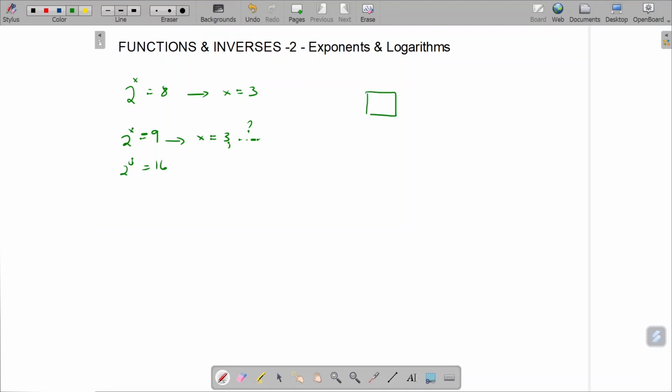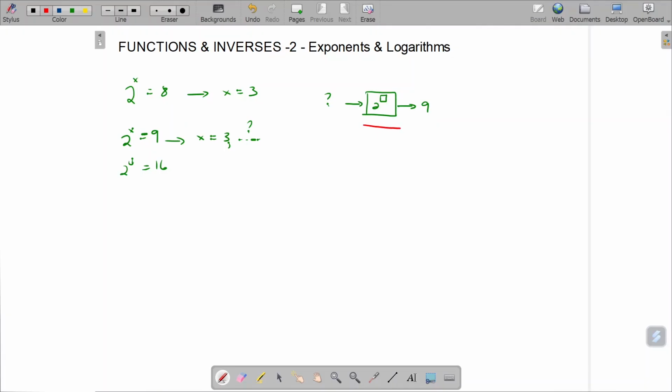Now, a logarithm is, again, we've been talking about inverses, so if my rule is throwing in this number leads me to say, cool, 2 to the power of it gives me 9, we are now trying to undo this idea of an exponent.